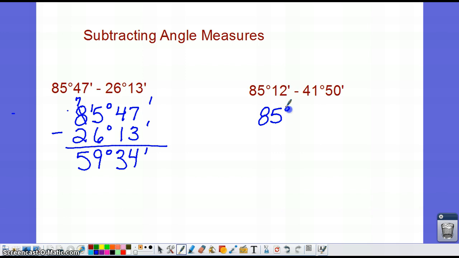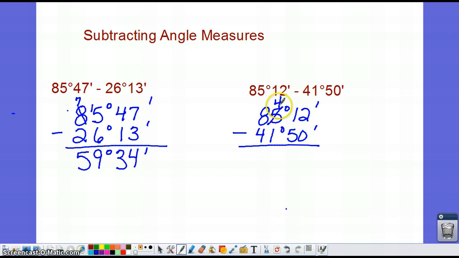85 degrees, 12 minutes, minus 41 degrees, 50 minutes. When I go to subtract the minutes, I cannot subtract 50 from 12. So we will have to borrow. So we are borrowing from the degrees. So this goes from 85 degrees to 84 degrees.